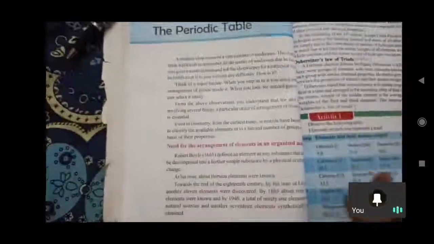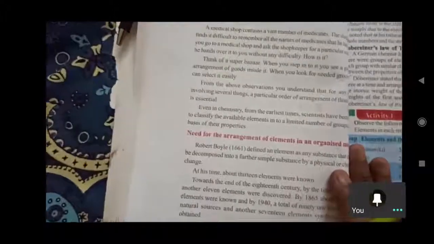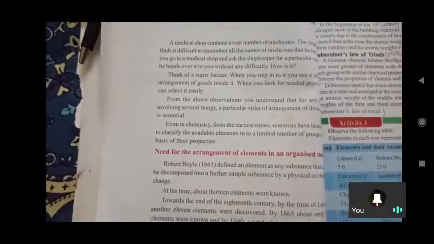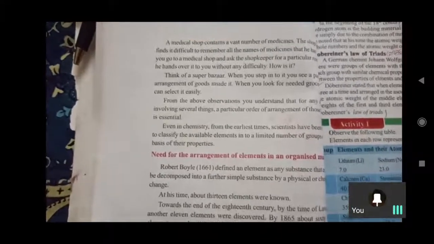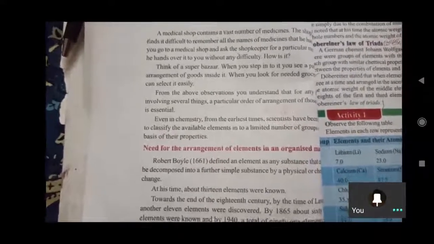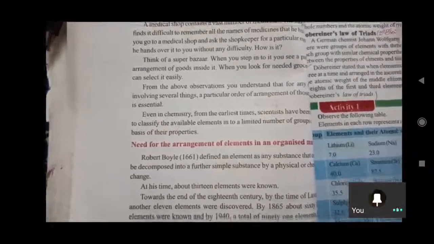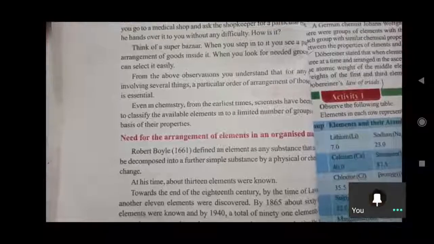So first we have history, how the arrangement of elements came into consideration. First, why we need this arrangement, is this necessary for us? Yes, it is necessary. Why?